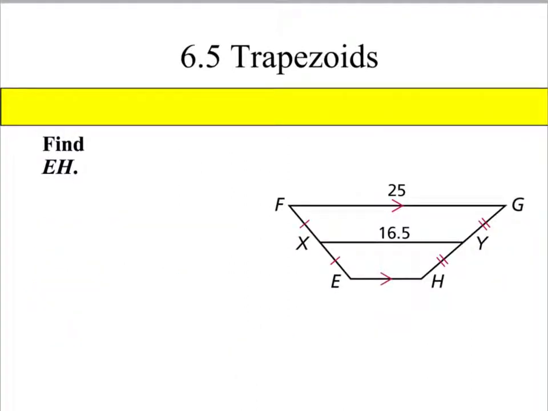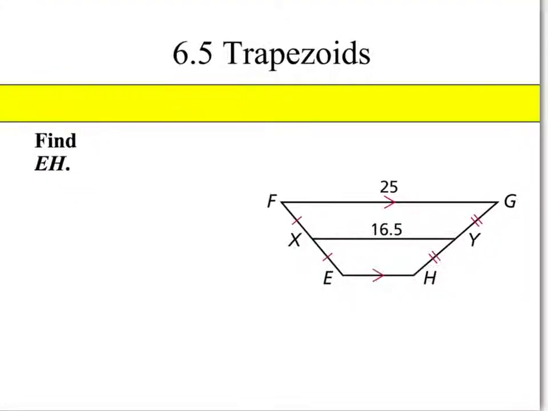All right, now we know what the mid-segment is. We have to find one of the bases. So pause now, and I want you to try to see if you can find this one out. All right, so again, you know what the formula is. You know that XY is going to equal FG plus EH all divided by 2.